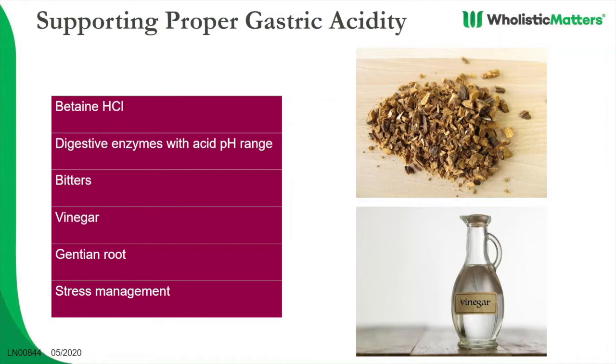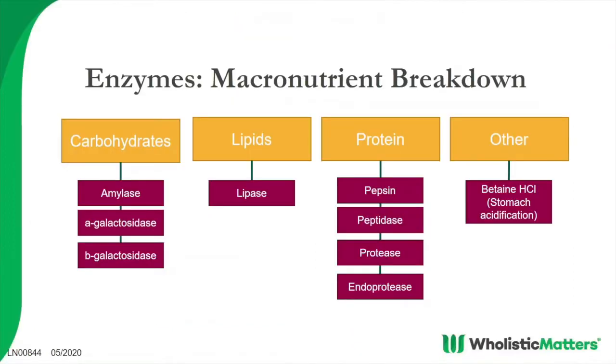Stress is a huge effector for this section of the GI, and it's really important to try to also look at this holistically and target an individual's stress as well with all of these other supportive nutritional aspects.